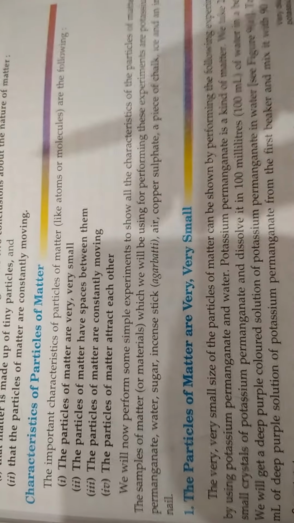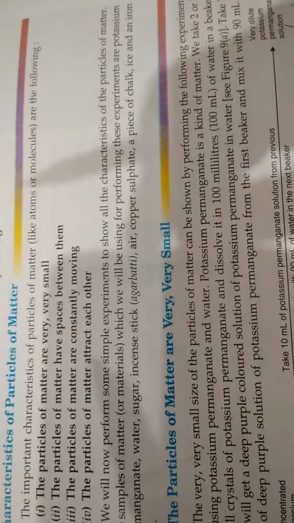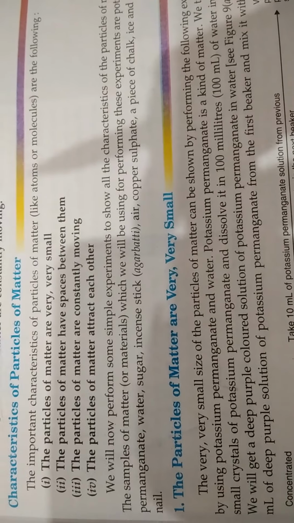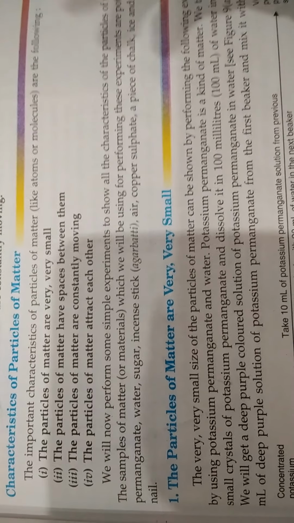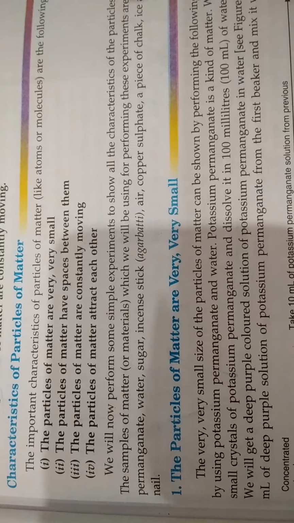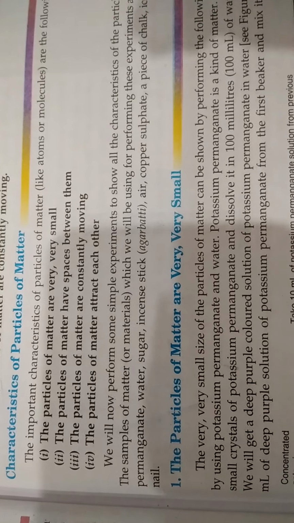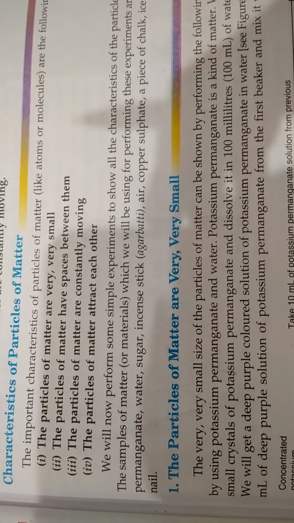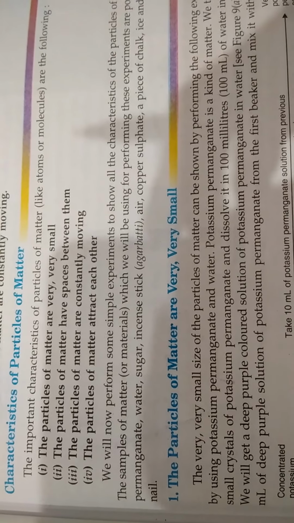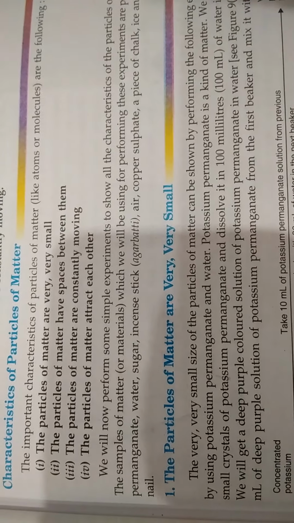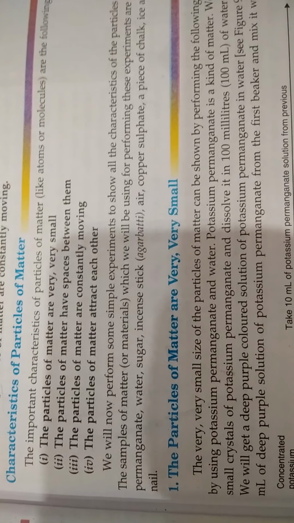In the previous class, I explained that in our activity we took some potassium permanganate crystals and some water, and when we added the potassium permanganate crystals into water, the whole water turned pink in color.